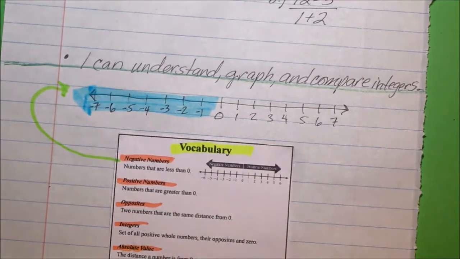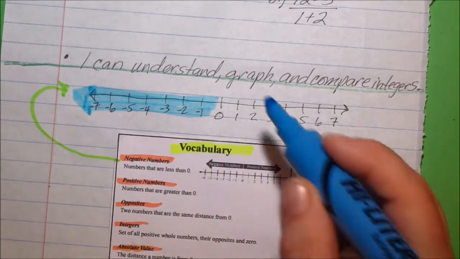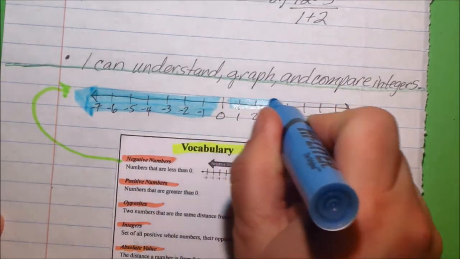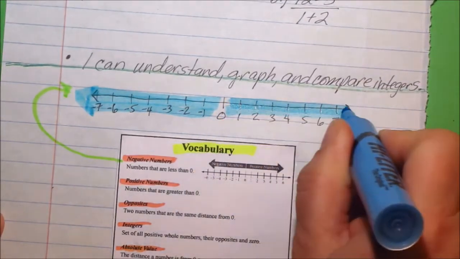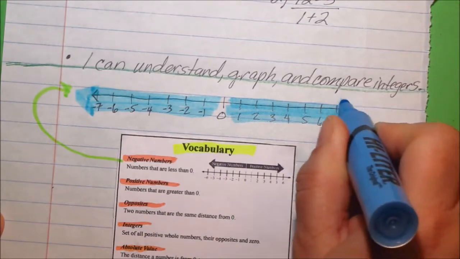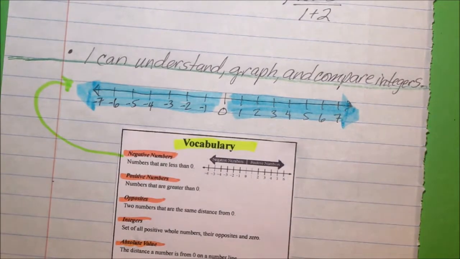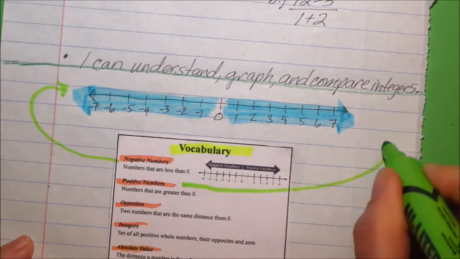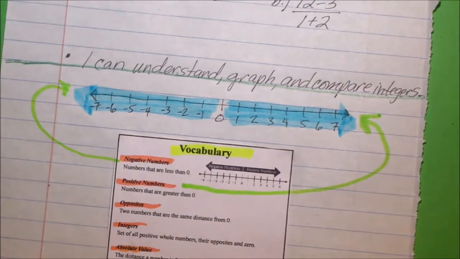Okay, those are the negatives. Now, it says my positive numbers are numbers that are greater than 0. So I'm going to highlight up this way. And those are my positive numbers. Positive numbers are the ones that are greater than 0.